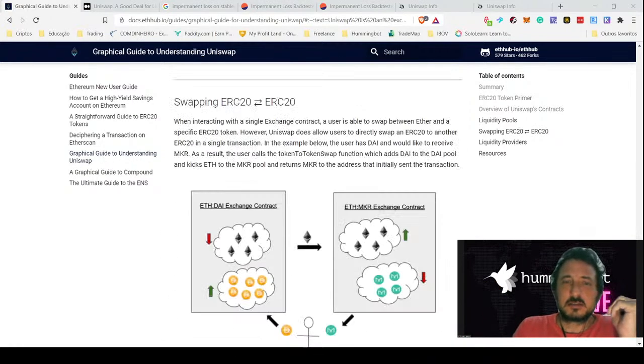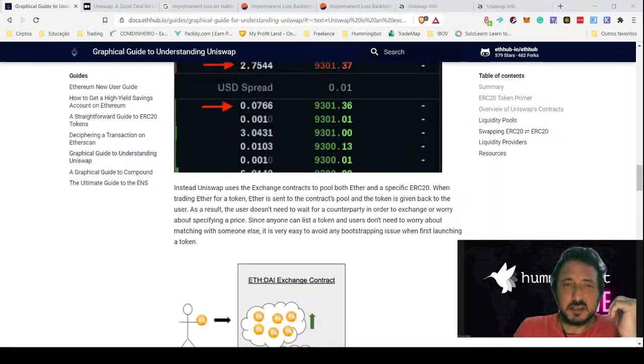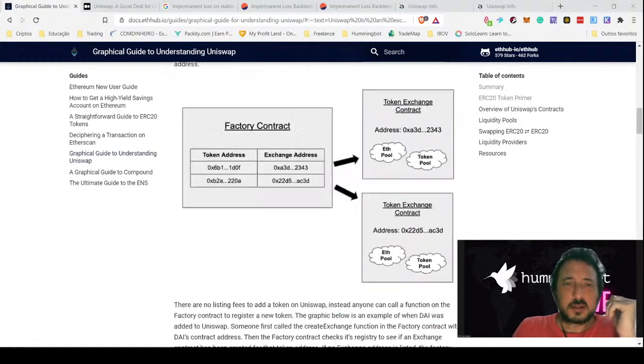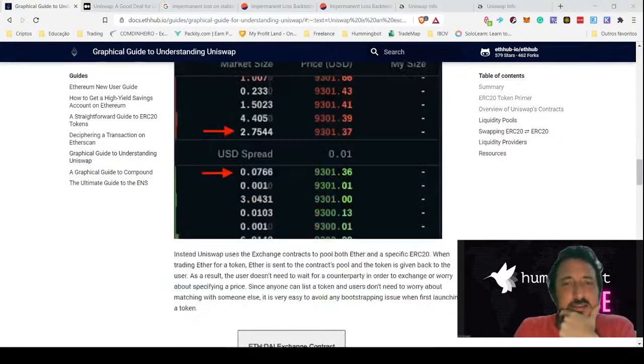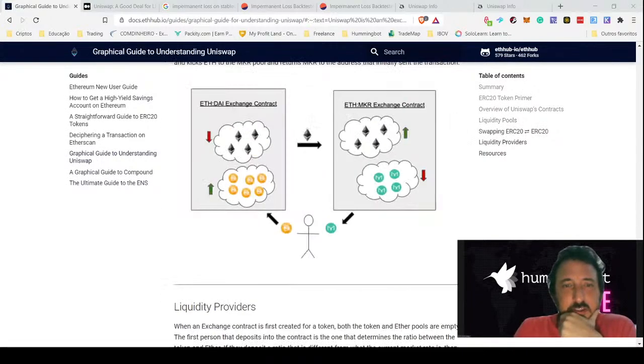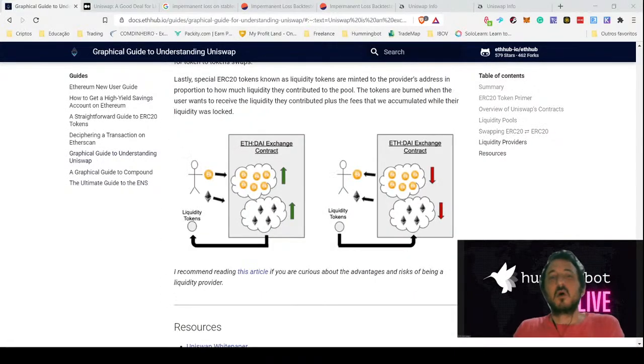So what happens when someone's providing liquidity to automated market makers? He adds to the pool the assets he wants to provide liquidity with, and he receives back a token that represents that amount of liquidity.